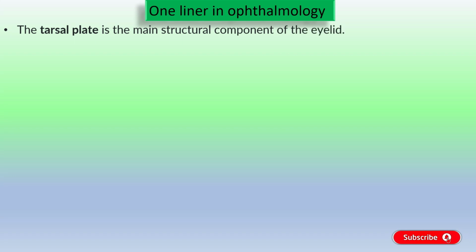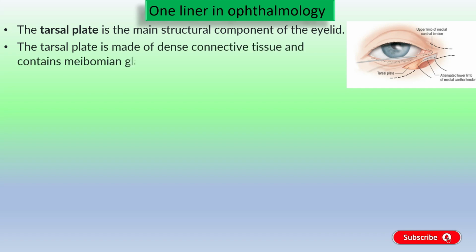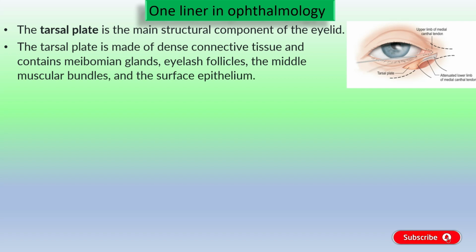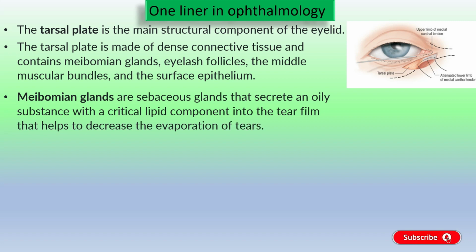The tarsal plate is made of dense connective tissues and contains meibomian glands, eyelash follicles, the middle muscular bundles, and the surface epithelium. Meibomian glands are sebaceous glands that secrete an oily substance with a critical lipid component into the tear film that helps to decrease the evaporation of tears.